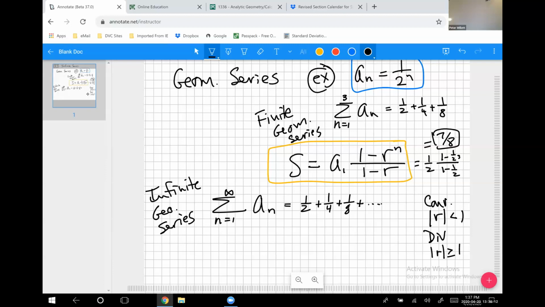But when r is less than 1 and you raise it to the nth power that goes to infinity, that means this term here would go to 0. So you get the exact same formula above, but that term just drops out so that the sum of an infinite geometric series is the first term over 1 minus r.